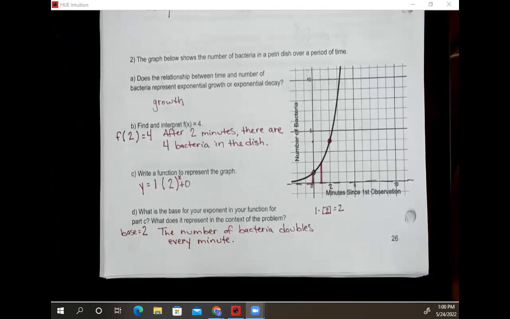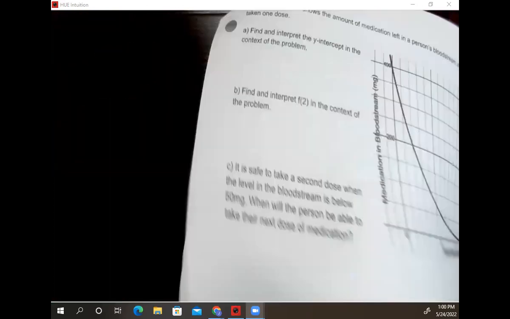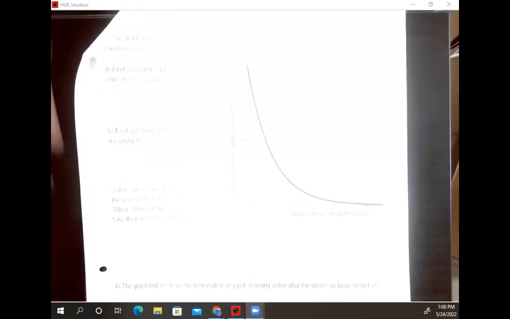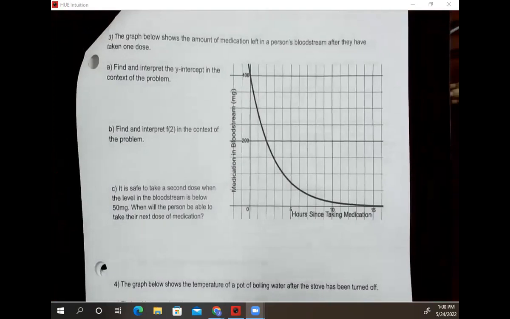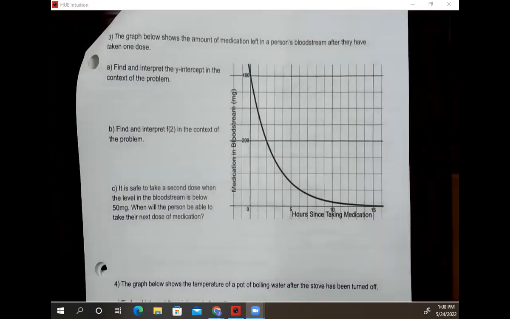Okay, I want you now to try 3 and 4. We've done a bunch of these types of problems together. So tell me about the y-intercept, interpret some function notation there for me. 3 and 4.